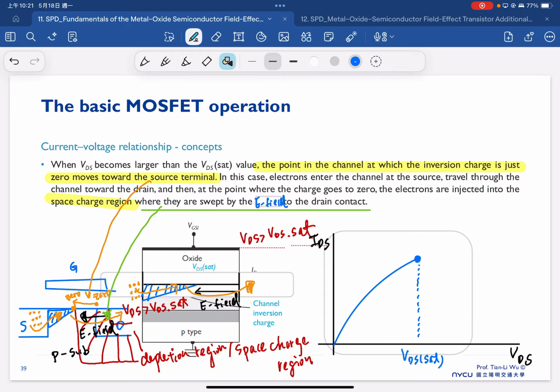So you will start to see the saturation of the current. That's why we call this the saturation region. And this is the region we define as the linear region.